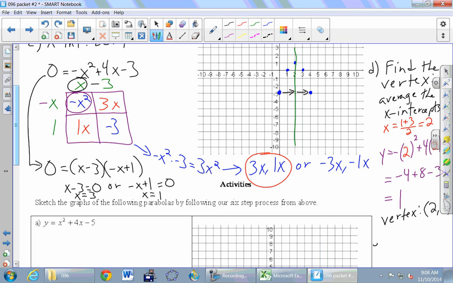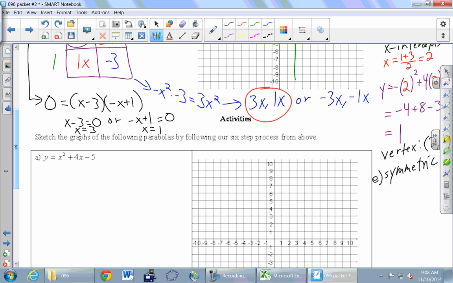So I think that's what we're going to call E, the symmetric point of the Y-intercept, is 4, -3.